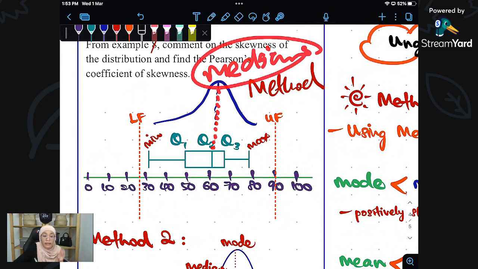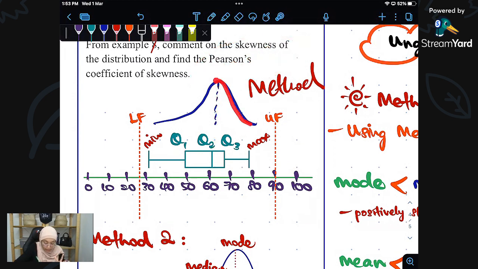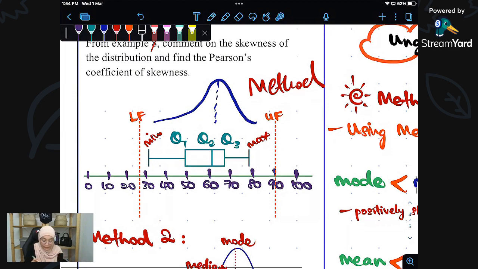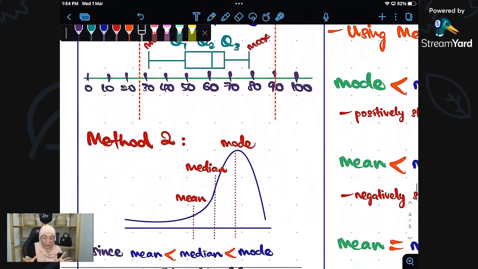As I said, tengah-tengah sentiasa median. It won't change. Okay. So, apa yang you boleh tengok dekat sini, pemberat dia yang panjang, the whisker is longer to the left. Therefore, the distribution is skewed to the left, because the whisker is much longer on the left-hand side. That's why we call it negatively skewed. Okay, daripada box and whisker pun boleh tahu dah.